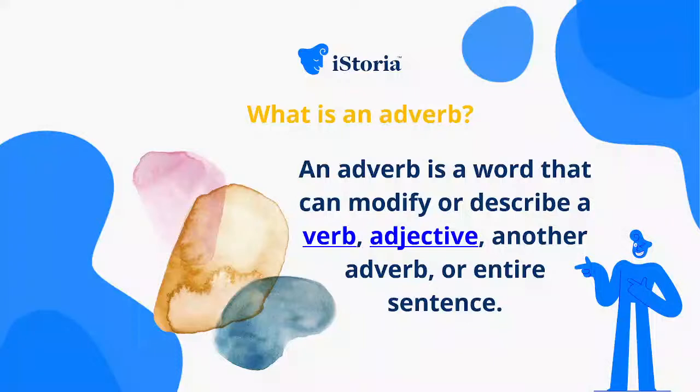Basically, an adverb is a word that can improve, modify, change, or describe a verb, an adjective, or another adverb. Sometimes, in certain situations, it can modify or describe an entire sentence.